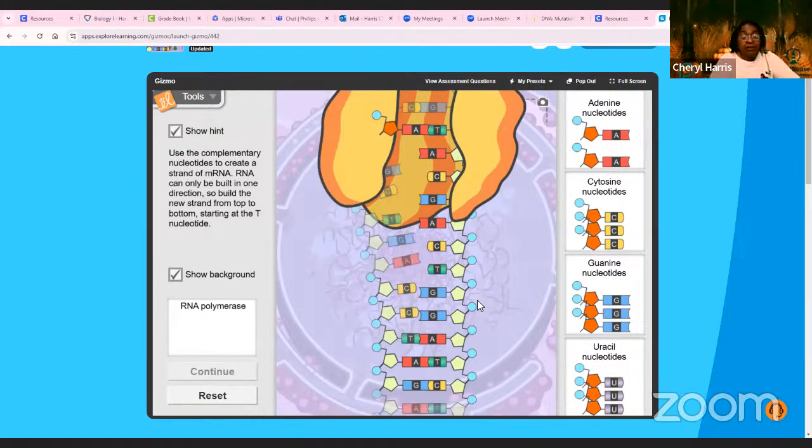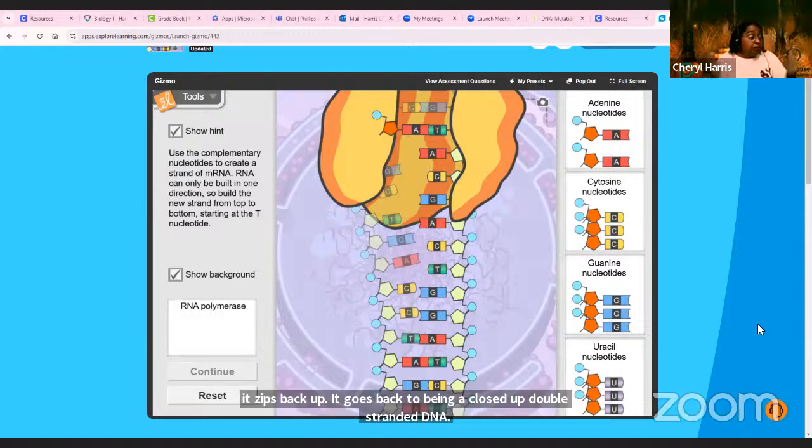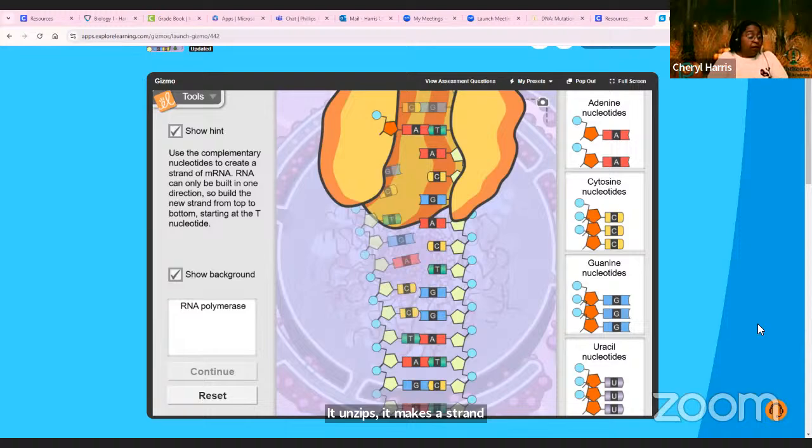Jacob said it rezips. Thank you. So it zips back up. When it's finished transcribing, when it's finished giving its instructions, it zips back up. It goes back to being a closed up double-stranded DNA. So that's important. It unzips, it makes a strand of RNA. The RNA leaves, and then the DNA zips back up.